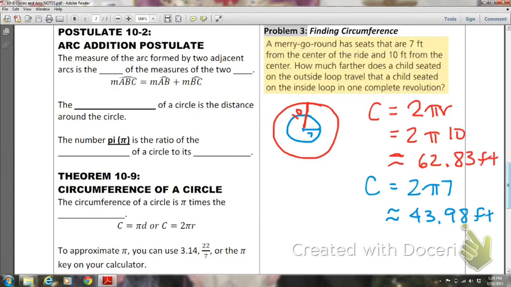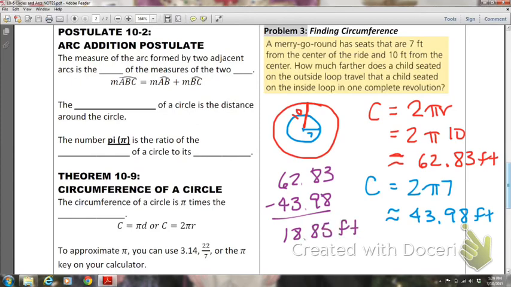So if you look at the difference between those circumferences, 62.83 minus 43.98 should give you 18.85 feet, which is how much further a child on the outside loop would go than the ones on the inside loop.